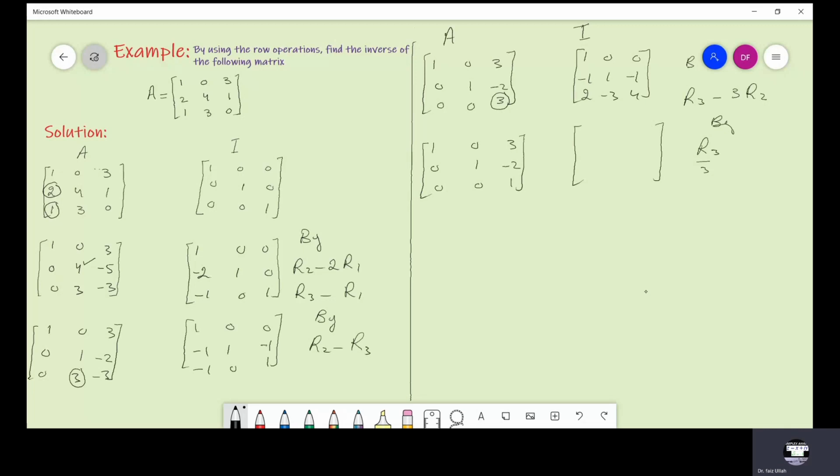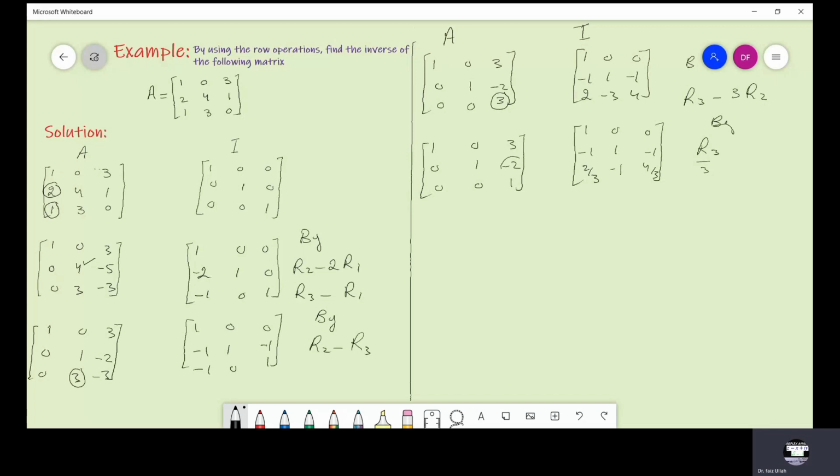Now we have to perform the same operation on the other side. So we get 1 0 0, minus 1 1 minus 1, and now let us divide this by 3. So we get 2 by 3, minus 3 by 3 is 1, 4 by 3.